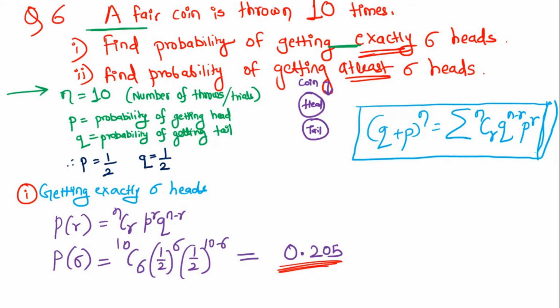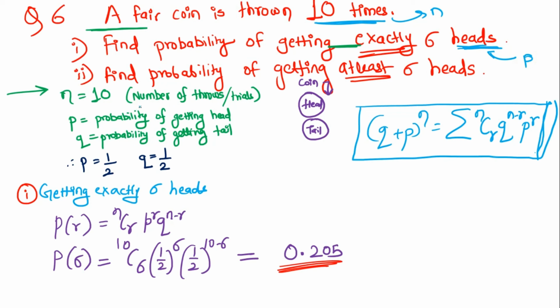Let's understand some examples. A fair coin is thrown 10 times, so 10 will be the value of my n. Find the probability of getting exactly 6 heads. Here we have to focus on the head, so head will be my probability of success. Next, we have to find the probability of getting at least 6 heads. In sequence we will find the values of n, p, q.